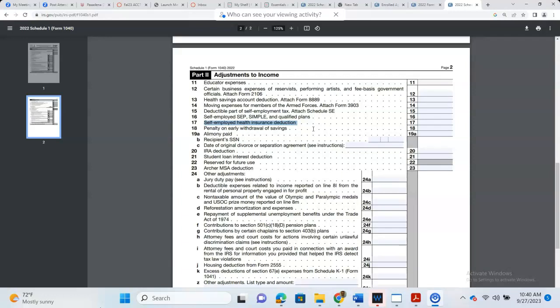Make sense? So it's a very important and common thing where you might make a mistake by putting this in the Schedule C. You never put that in Schedule C.